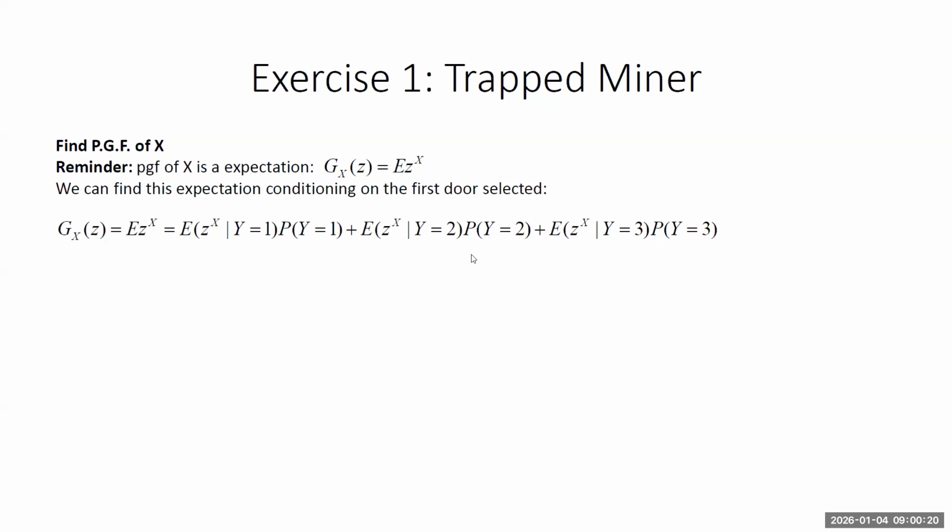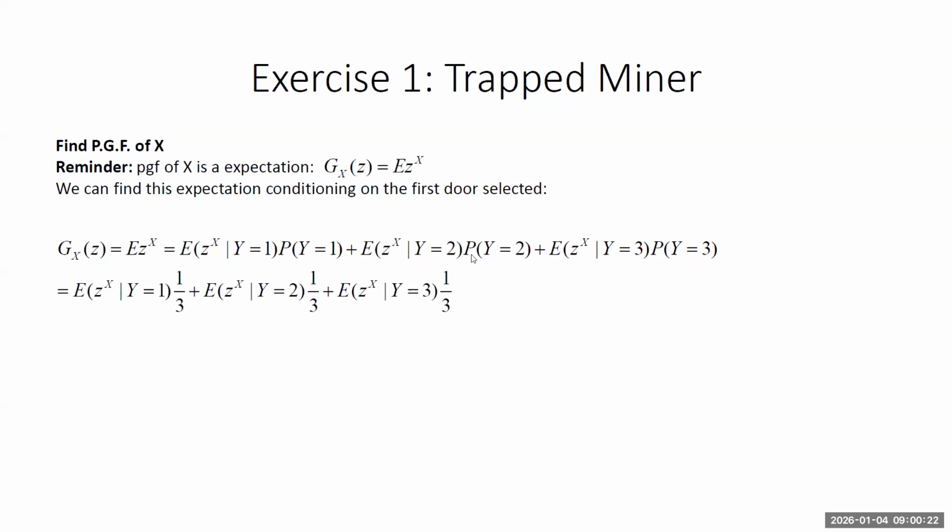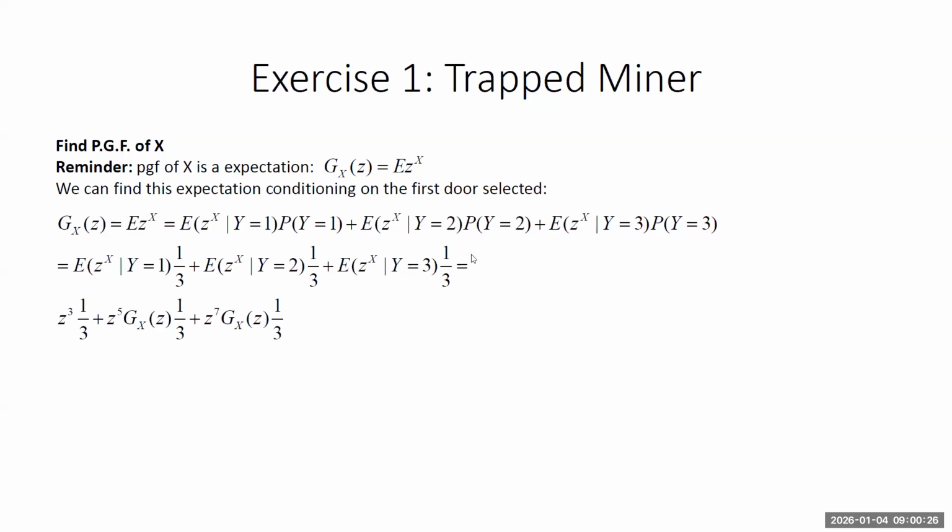And how can we find this expectation? Let us see. Let's start from this case. If y equals 1, he goes home after 3 kilometers. Here x equals 3, so we have z to the power 3 times 1 over 3. Pay attention, the power of z is x, which is 3.